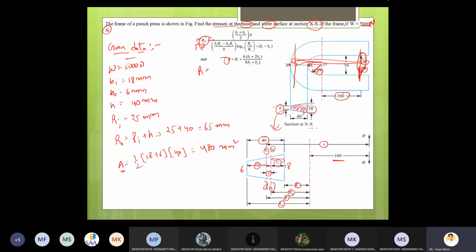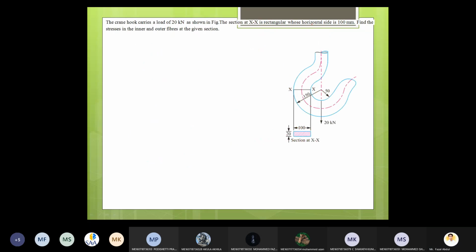if the load in this figure were given here or here, suppose here the load were given, so directly I calculate all stresses like this and stop up to here.